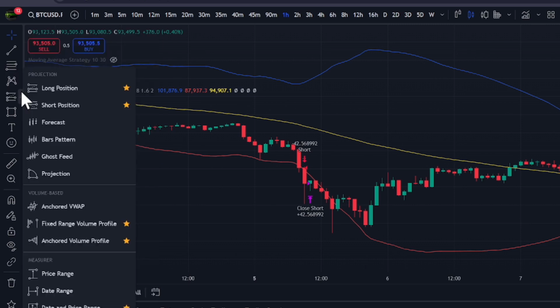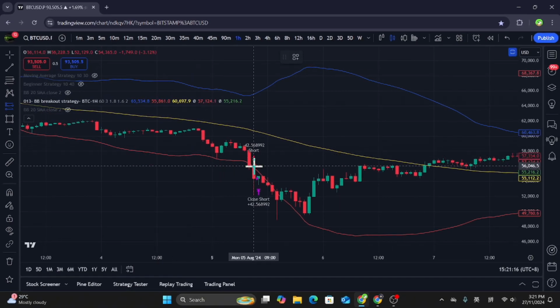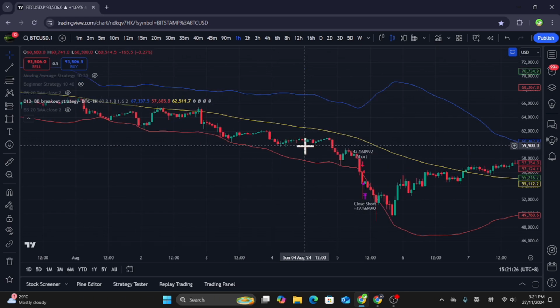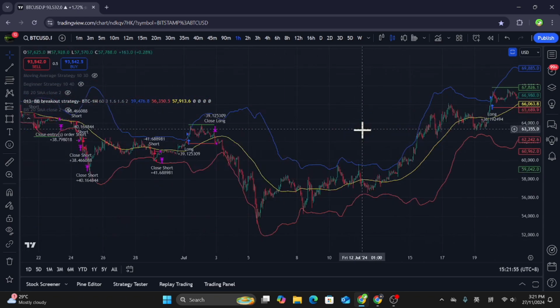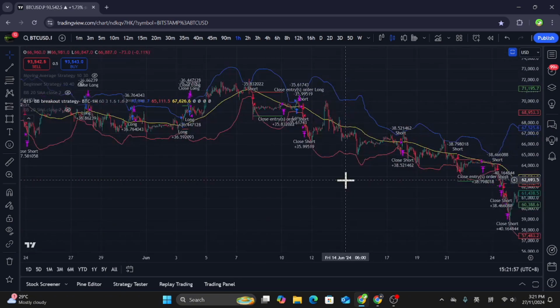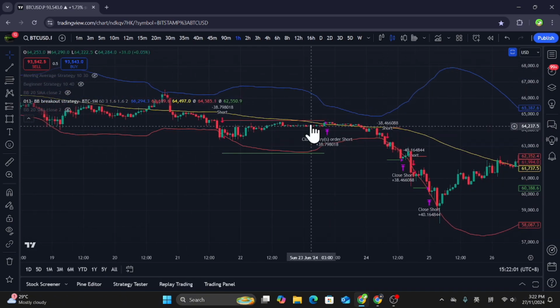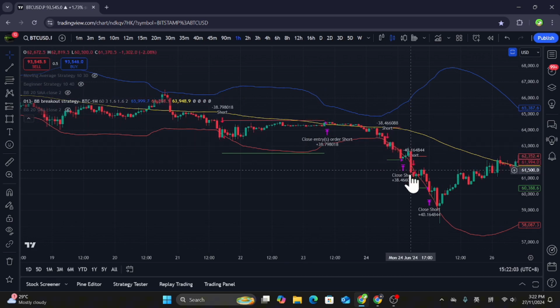In this case, if it closes below, I go short, and then I go for 1.6 and 1.6, so it's a 1 to 1 ratio. You can see quite a number of trades happening here, because some hit stop loss and some are earning.